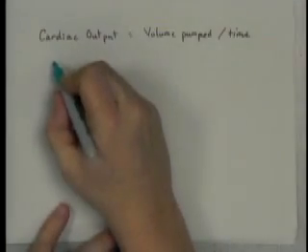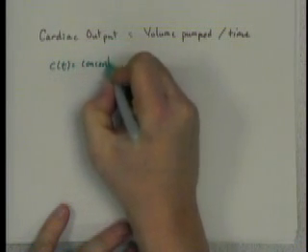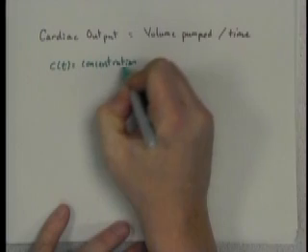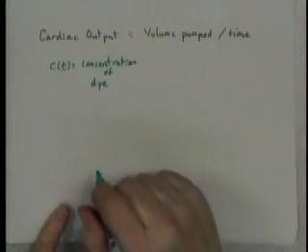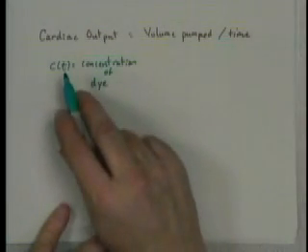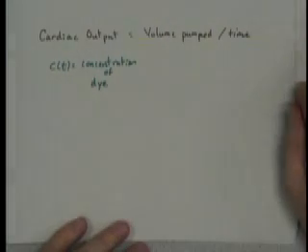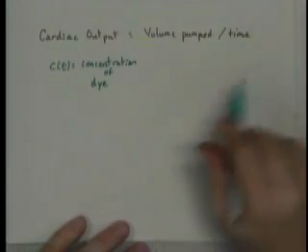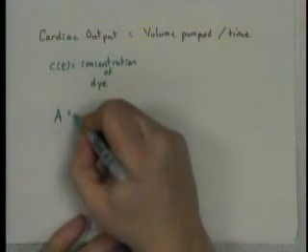So if C of T is the concentration of my dye, then eventually all my dye should flow through wherever I'm measuring it. And A is the total amount of dye.